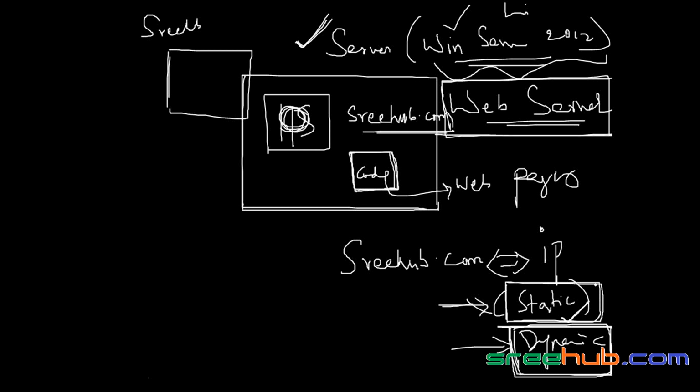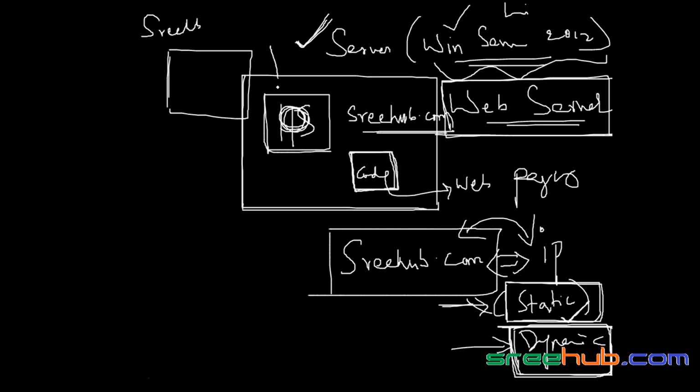So that is your static IP, which will be mapped to your domain, and whoever requests it knows to which IP it has to go, and then it will actually touch base with the web server. Now whenever any trigger comes to my web server, as I connect my code to the server, it will search whether the resource is available here or not.